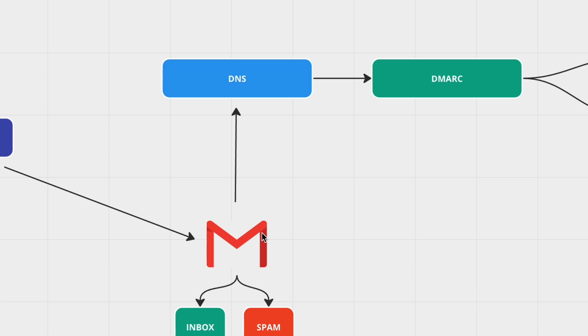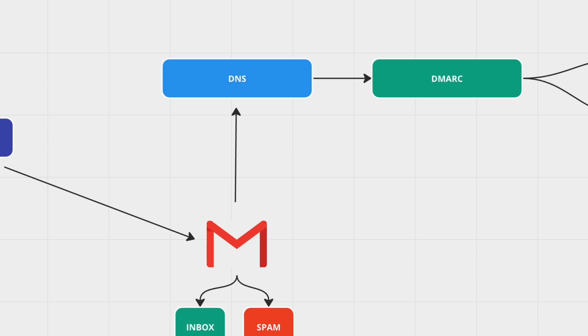So this is pretty much point number one, which is authentication. Again, to conclude, it is the way of telling Gmail that you are allowing Klaviyo or MailChimp or whatever emailer you're using to send emails to your list on your domain's behalf.